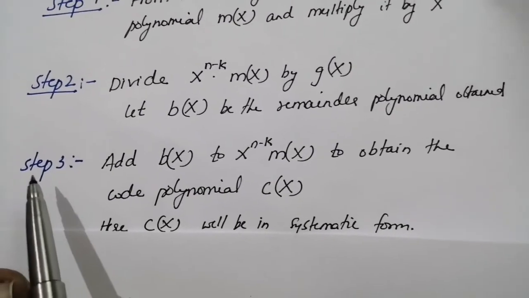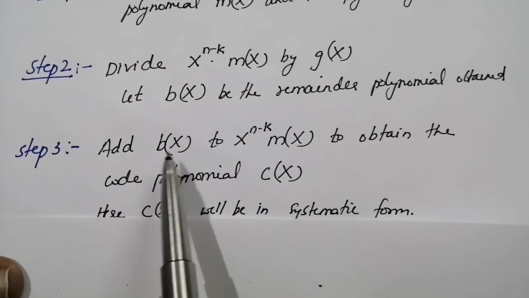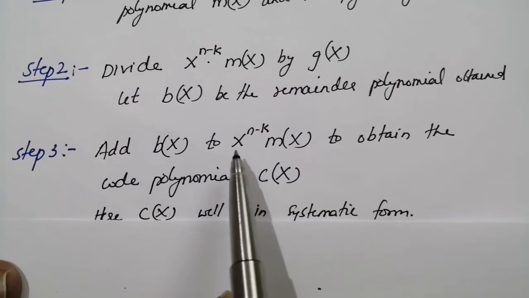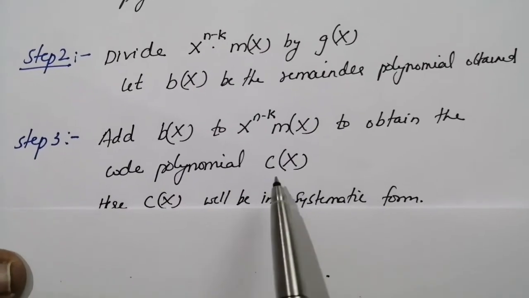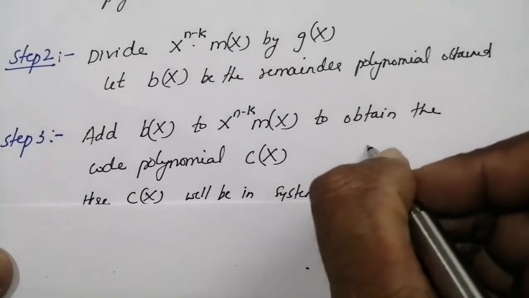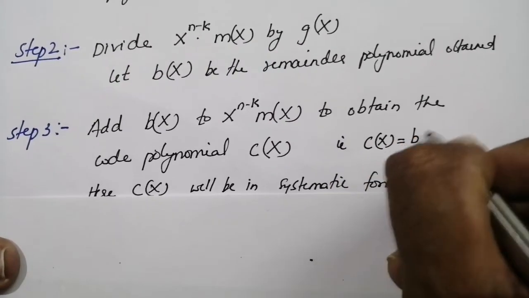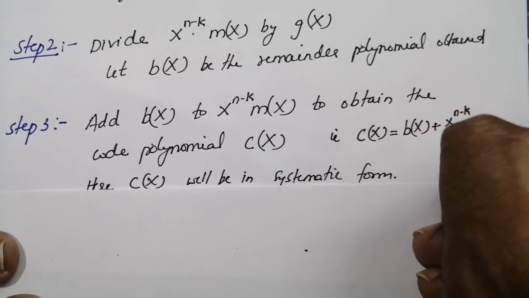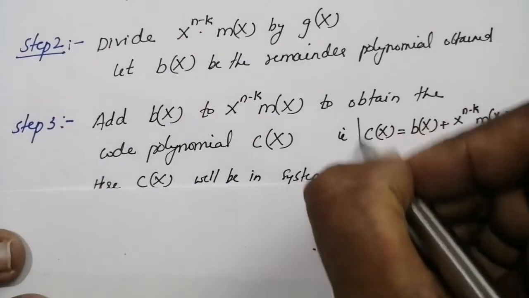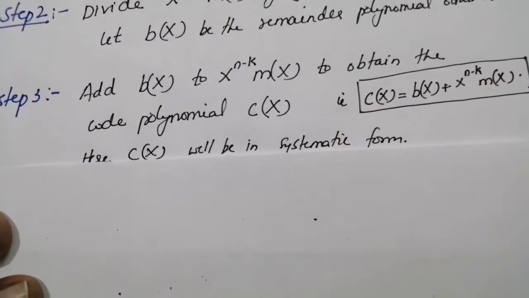Step number 3: add the remainder polynomial b of x to x raised to n minus k into m of x to obtain the code polynomial c of x. That is, c of x equals b of x plus x raised to n minus k into m of x. So this is the code polynomial in systematic form.